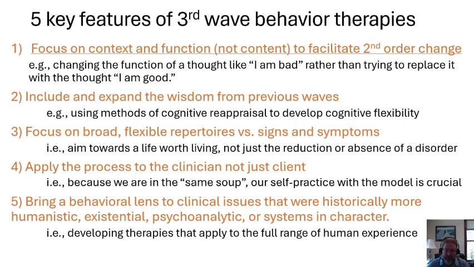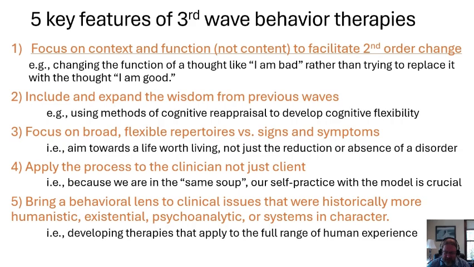And so these aren't just about first order changes, these are about second order changes, looking at those change processes. As an example, changing the function of a thought like I am bad through something like cognitive diffusion, rather than trying to replace it with the thought I am good using a challenge through cognitive reappraisal.